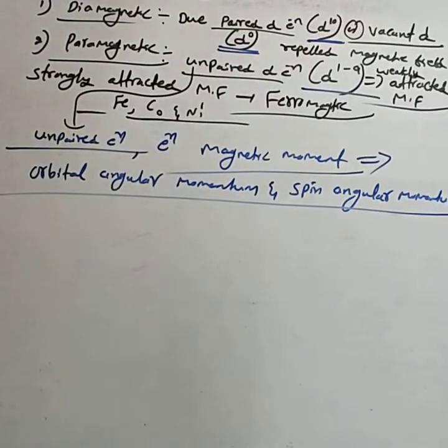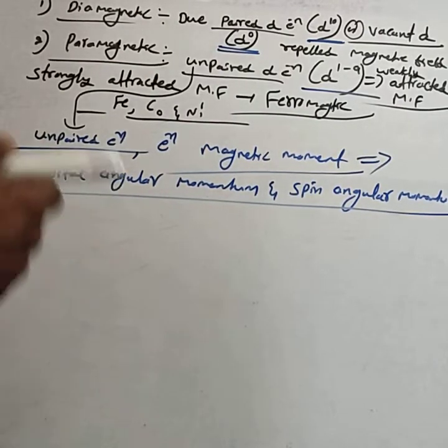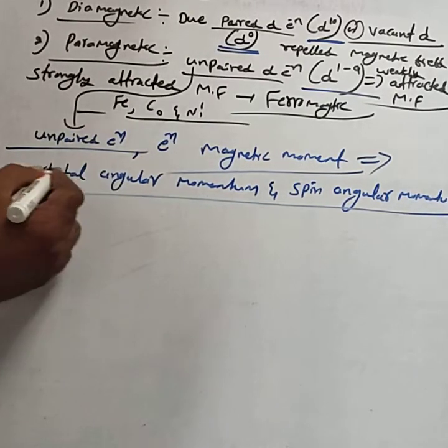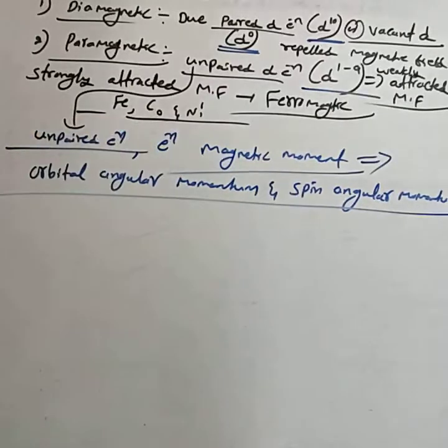Each electron has a magnetic moment associated with its orbital angular momentum and spin angular momentum.